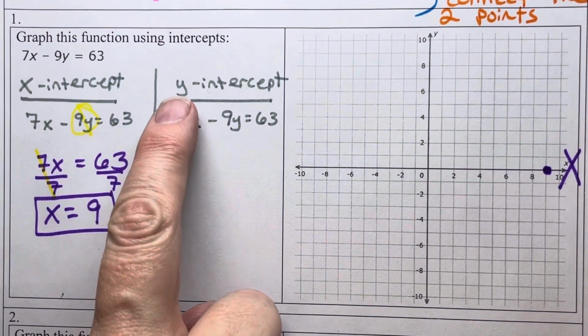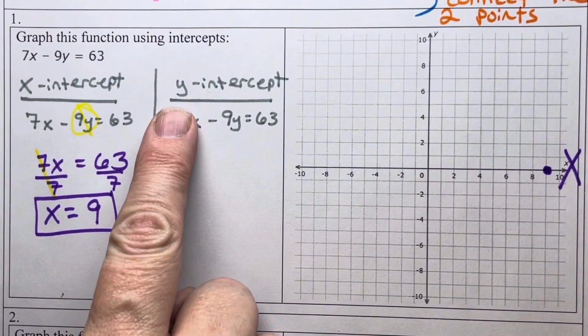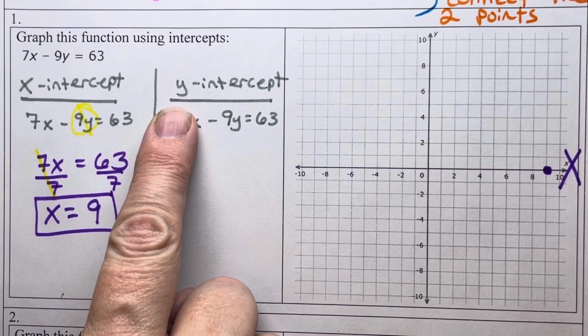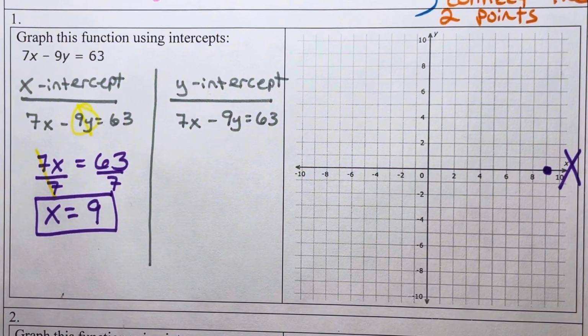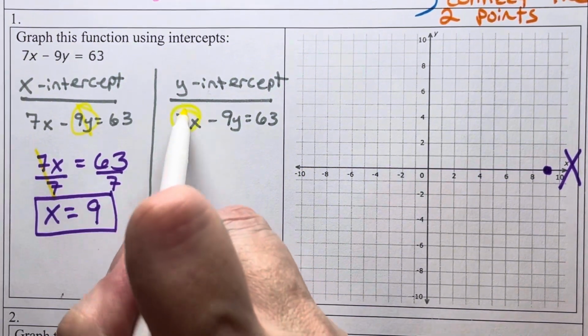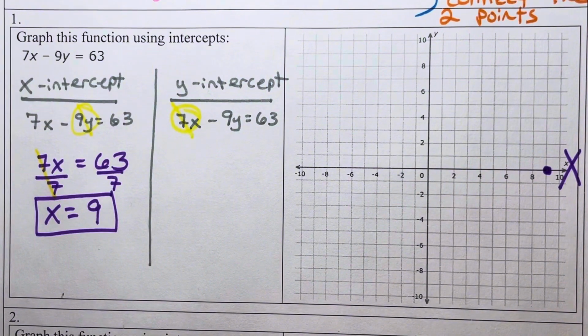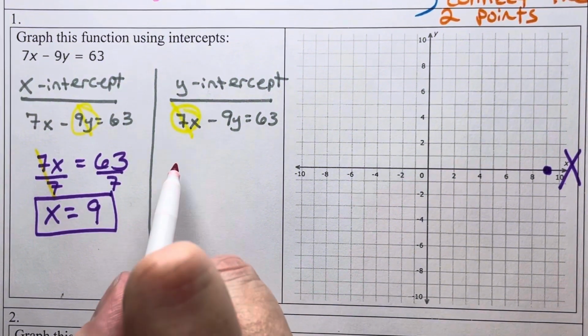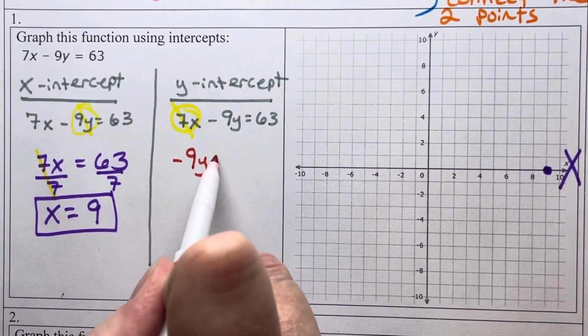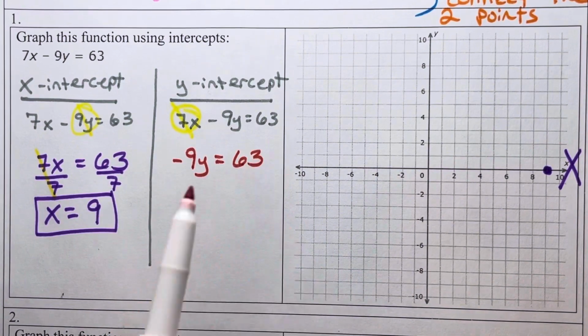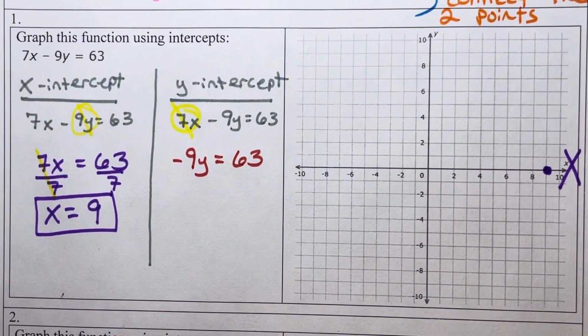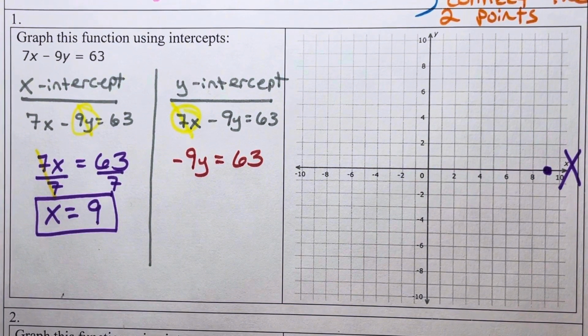Okay. If I'm solving for y, then I don't need the 7x, which means that I can either cover that with my finger or I can mark it out, and it leaves us with negative 9y equals 63. So I've now done step 1 and step 2. I have covered, I have rewritten, and then if necessary, solve.